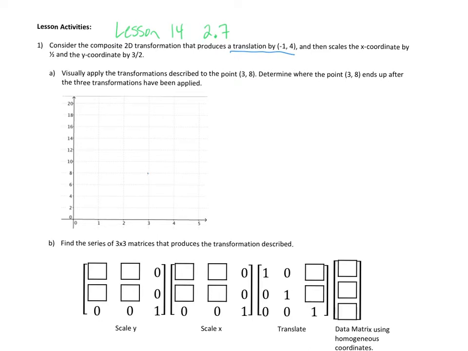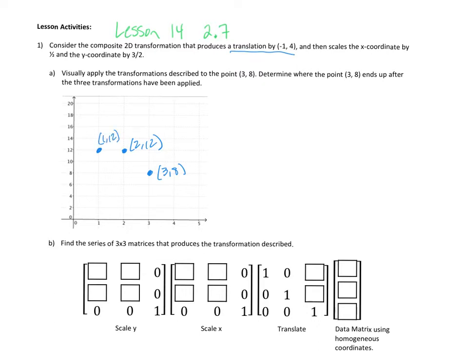Okay, (3, 8). Left 1 puts me at 2, and then up 4 puts me at 12. Okay, so that's (2, 12). Then scale the x-coordinate by a half, which means my x-coordinate is going to become 1. So I'm going to be at (1, 12).